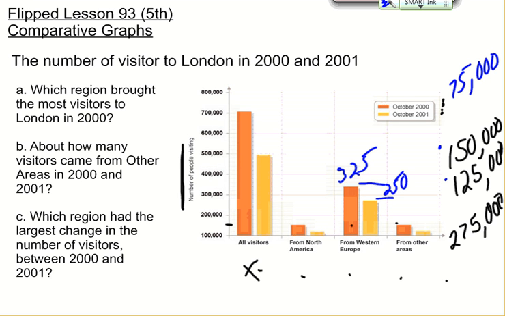Is that right? No. I did my math wrong here. This is only 25, not 75. That's why I'm confusing myself. I'm thinking more about this. 325, 250 is going to be about a difference of that. And so in the end, we see that this region had the largest difference.